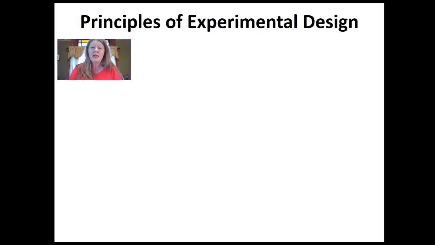So just as an example of another way of controlling, let's say that you have an experiment in a laboratory and people are coming to your laboratory to take part in this experiment. You would want to make sure that you give similar instructions to each person, that the instructions are read in a similar way, that the lighting conditions are the same, that any background noise is the same.